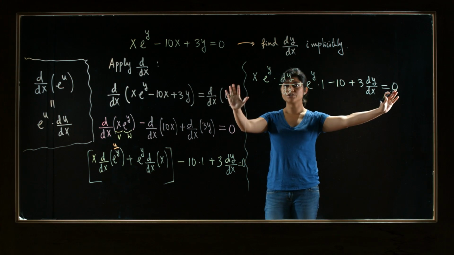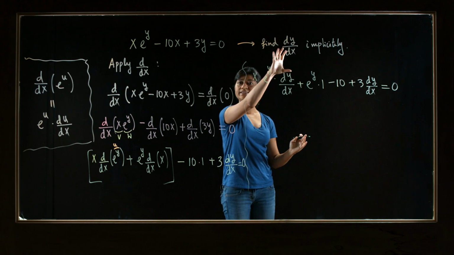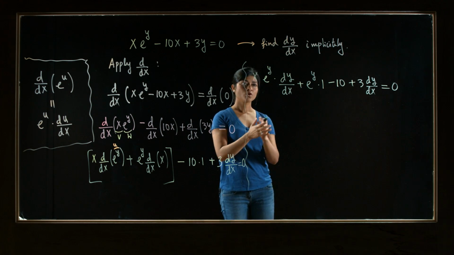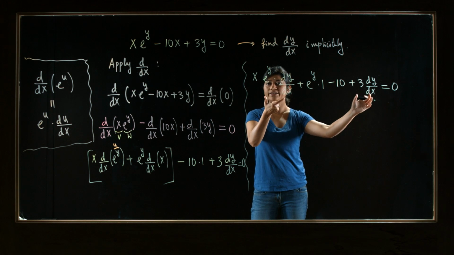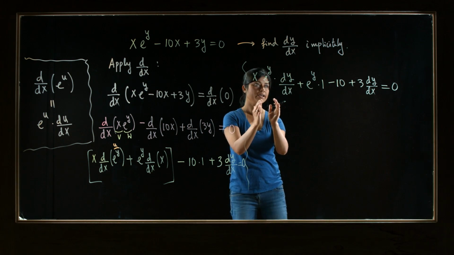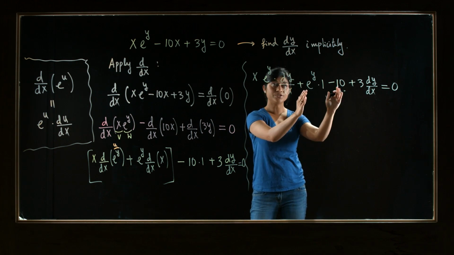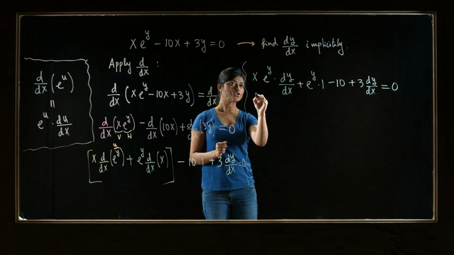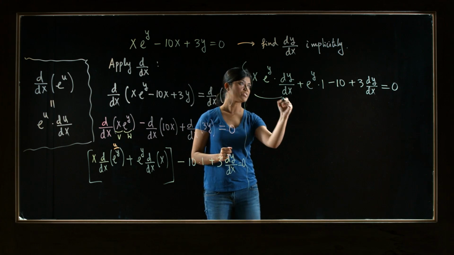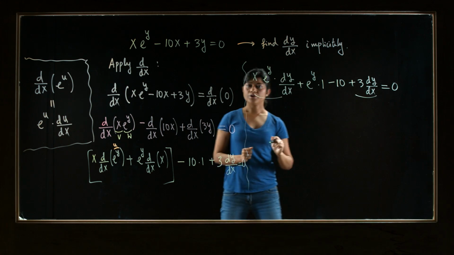Okay, so we have an equation and we have to solve for dy dx. So how do we do that? We combine the terms that have dy dx and keep them on one side, and the terms that don't have dy dx, we move to the right-hand side. Notice that there are two terms here where we have dy dx.